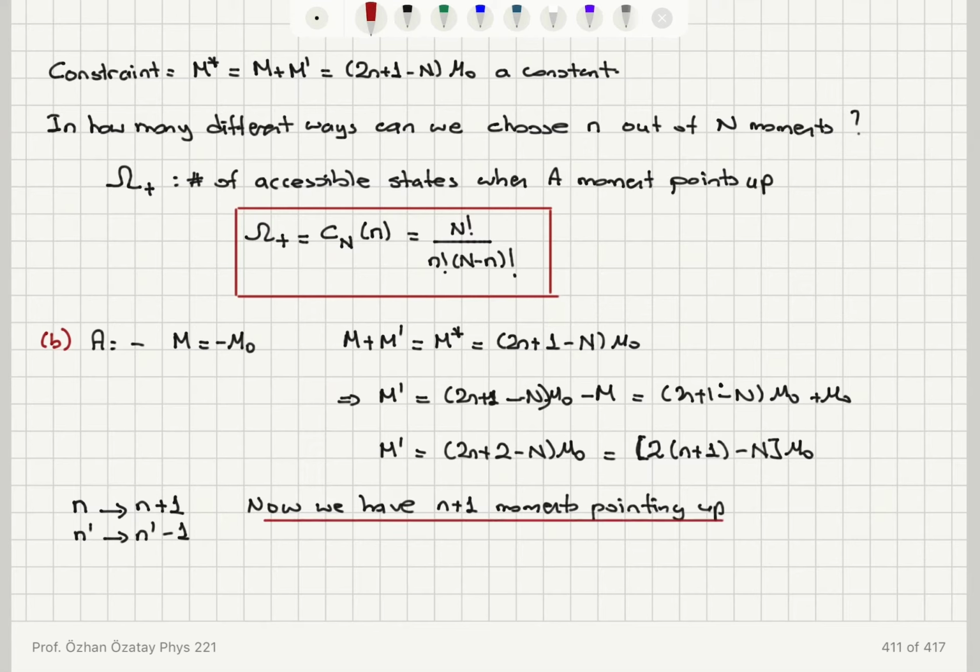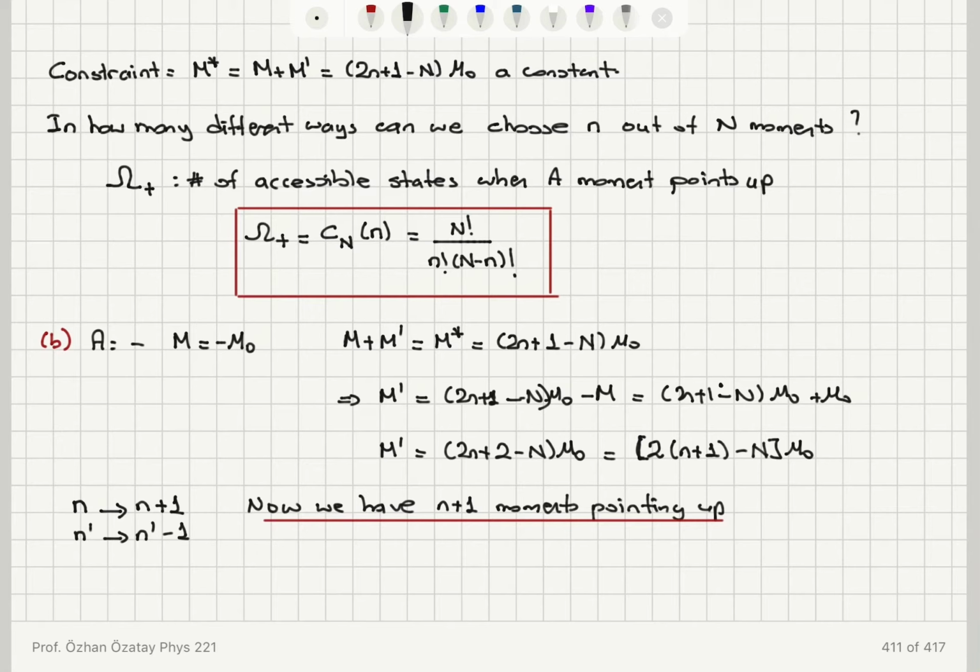So one of the moments flipped. There is a decrease of 1 in M prime and increase of 1 in n, so that we have 2(n plus 1) minus capital N times mu 0 as M prime.